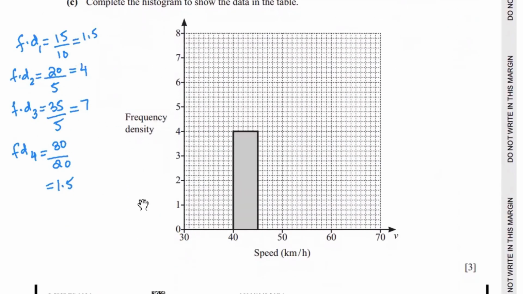So now let's label it over here. 1.5 is in the middle over here. Then 4. Oh wait, that's already drawn.